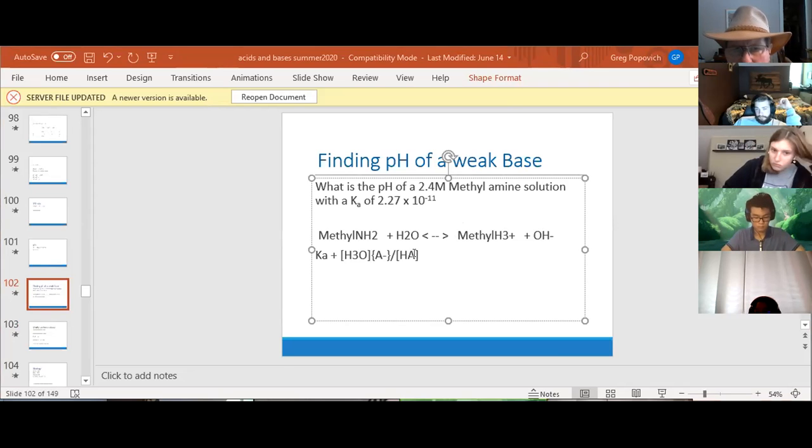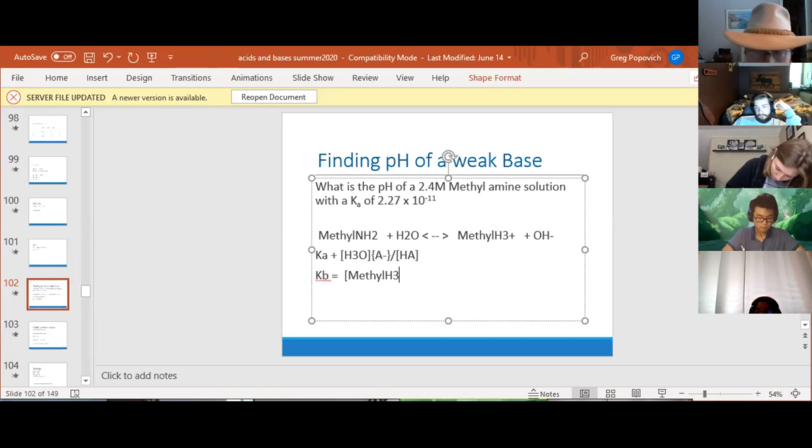I have to figure out what my Kb is, which is going to be equal to the concentration of methyl NH3 plus times OH minus divided by methylamine.